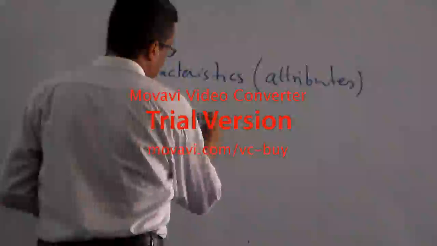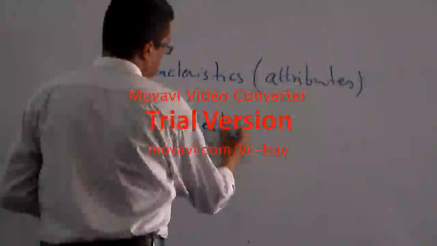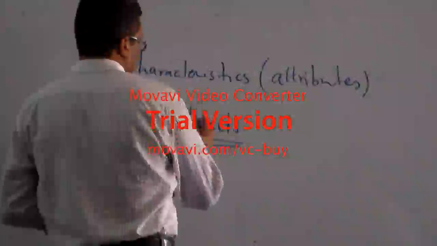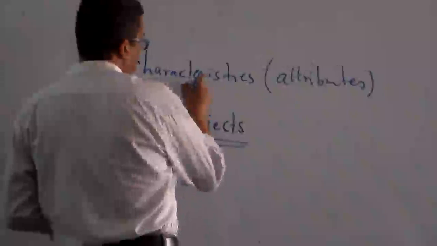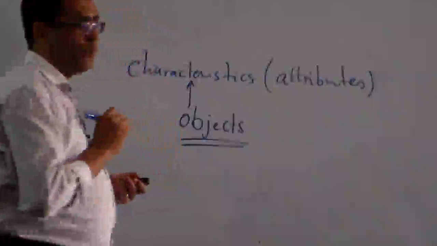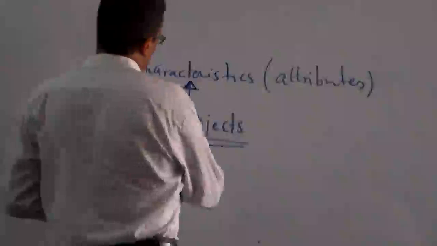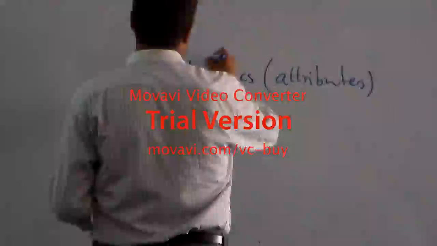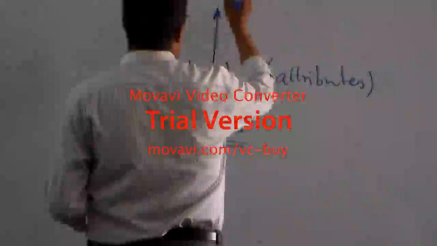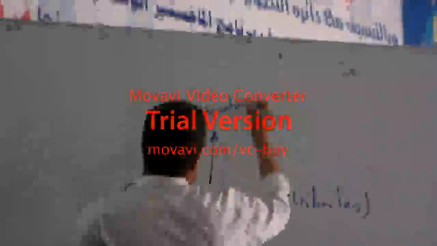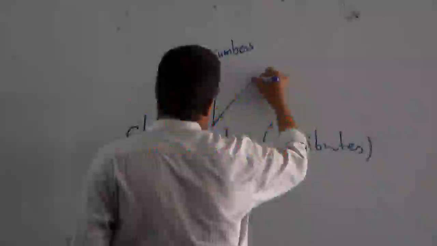So basically, we have objects. These objects have some characteristics or attributes. Okay? These characteristics or attributes may have values of numbers or any other symbols.